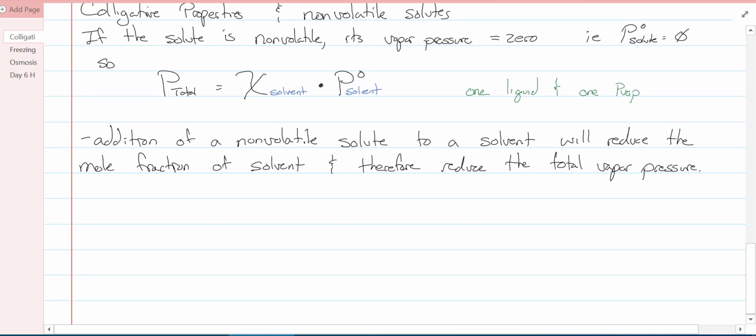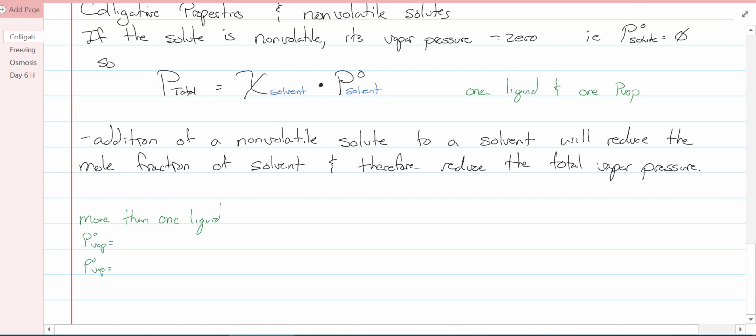What if we have two liquids that mix that are considered non-volatile? So more than one liquid. I'm sorry, one liquid. Alright, I have two liquids.